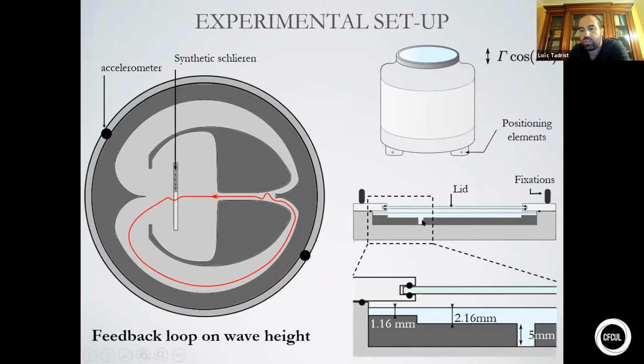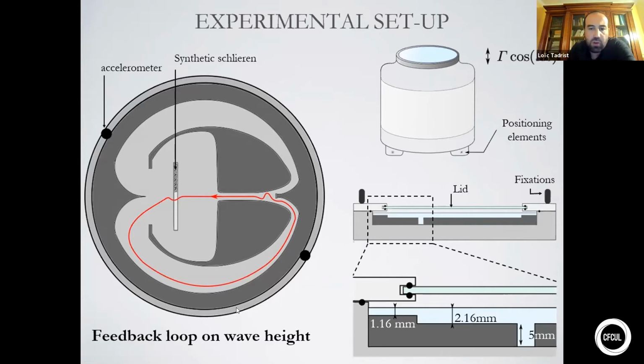and this is the cross section of the experiment with the groove here. At the groove position, there is a large depth, and everywhere else there is a small depth, and a smaller depth on the sides to avoid radiation of capillary waves from the sides.